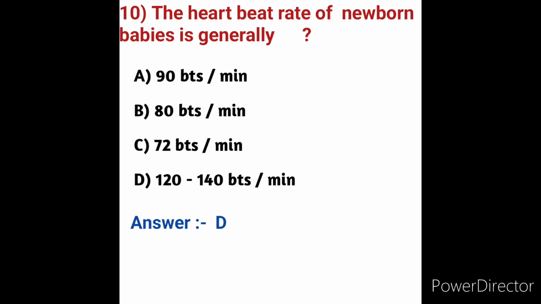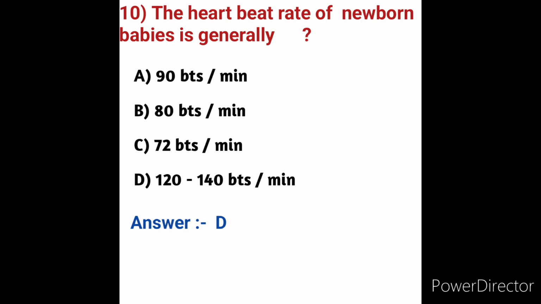It may be much lower when the infant is sleeping. The respiration is 30 to 60 breaths at the age of 0 to 6 months. And also blood pressure I will explain, 65 to 90 by 45 mm of Hg. Systolic pressure is 60 to 90 and diastolic pressure is 45 mm of Hg.